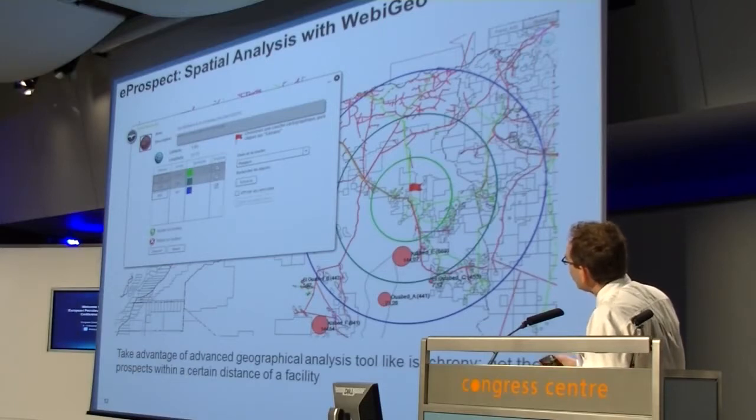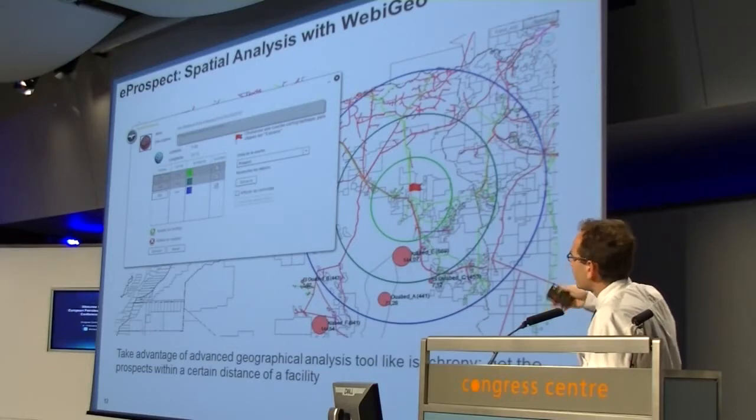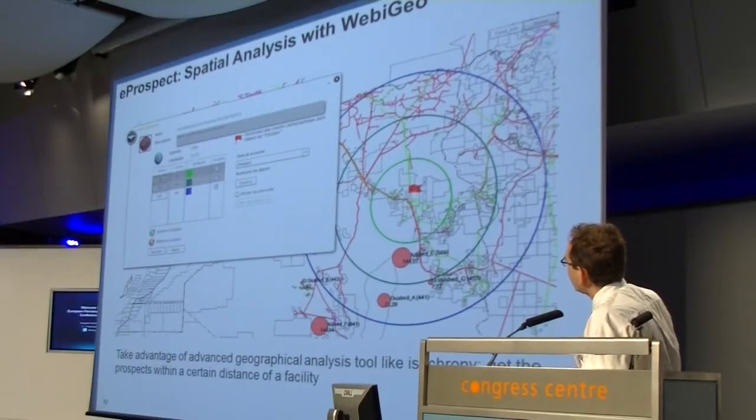There are also some standard tools available within the mapping package. For example, one of the tools could be to make a spatial query to see the list of prospects available within a given distance of some infrastructure, for example. So it's very simple.